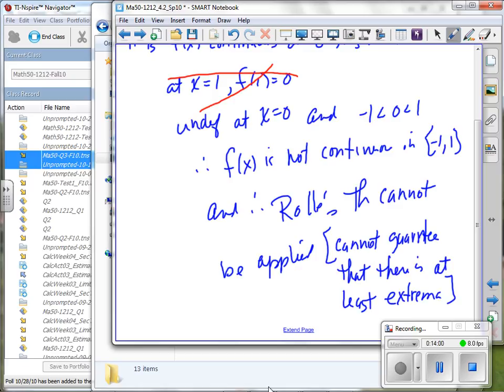Not only do you need to know Rolle's theorem, but you need to know when and how it can be applied. Now, one thing we haven't done is to say, so what? Who cares about Rolle's theorem?